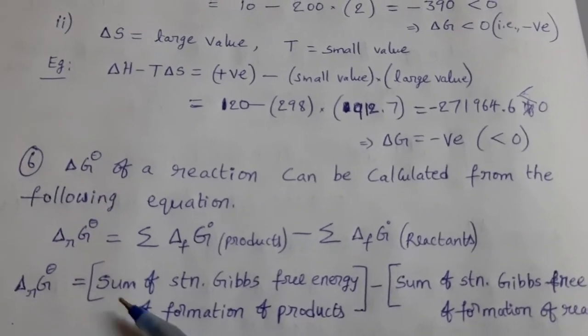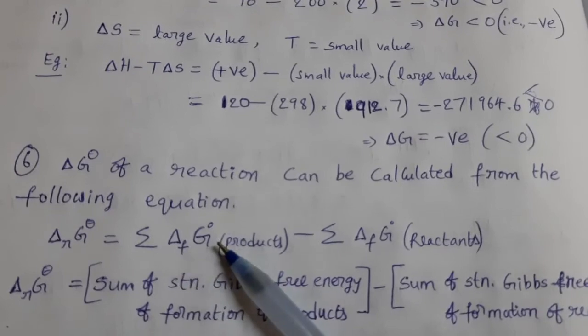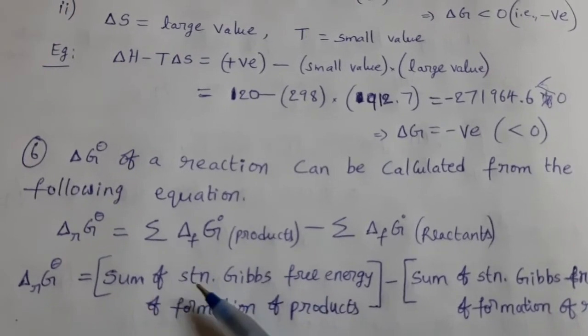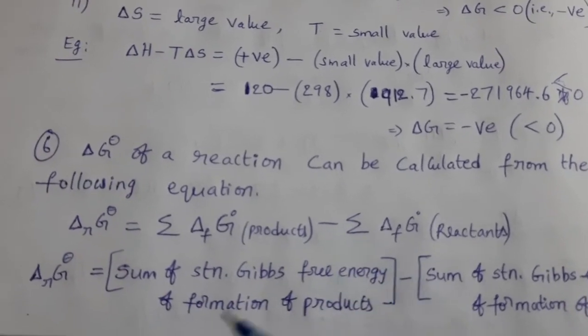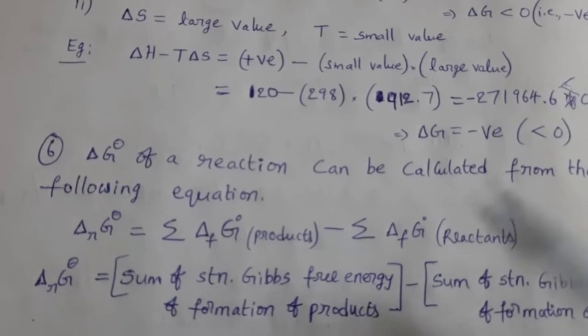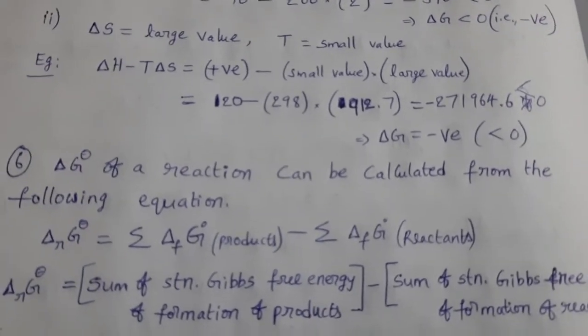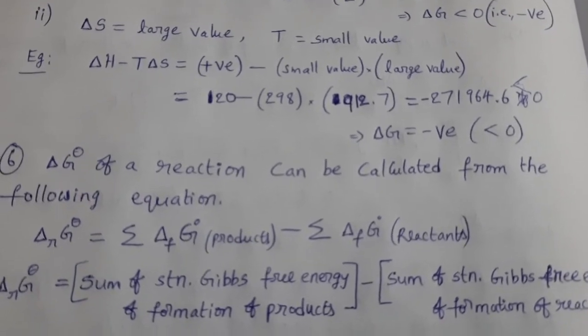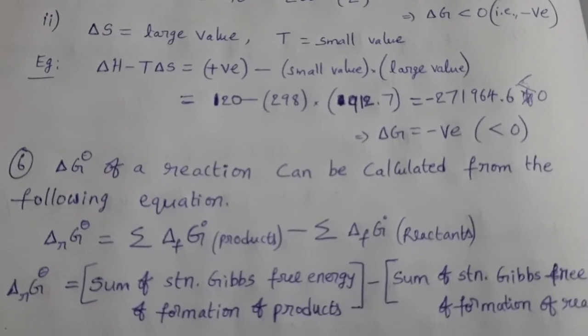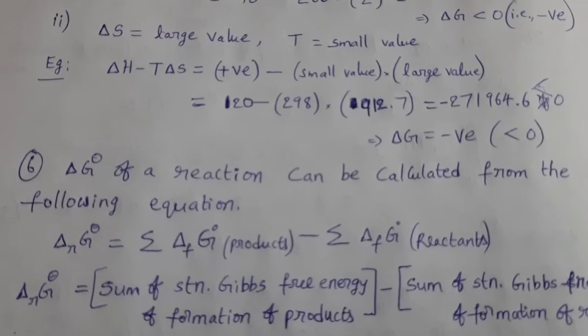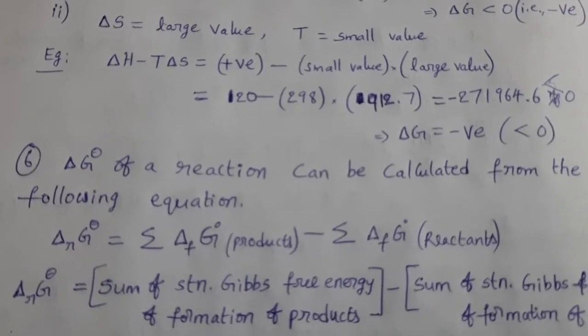Say this in terms of words. Delta f G naught means sum of standard Gibbs free energy of formation of the products. When a compound is formed from its constituent elements which are present in their standard state, then the free energy change is called standard Gibbs free energy.